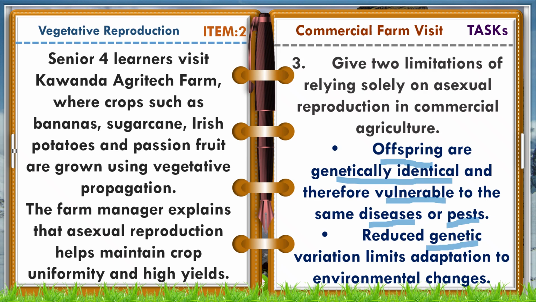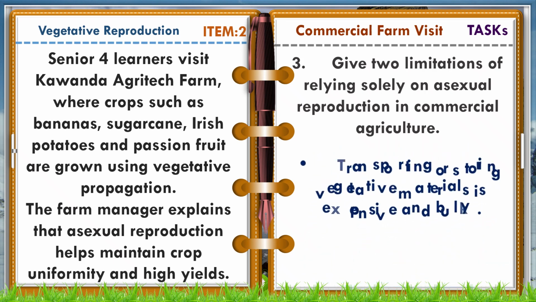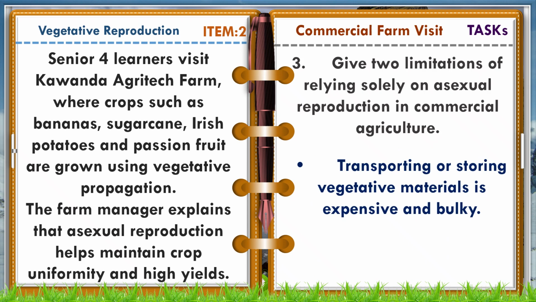Reduced genetic variation limits adaptation to environmental changes. Transporting and storing the vegetative materials is expensive and bulky.